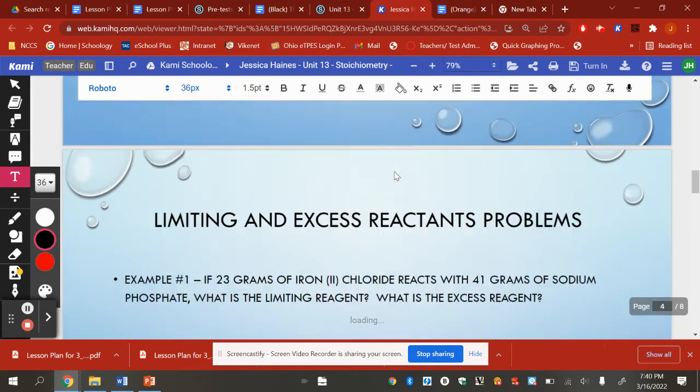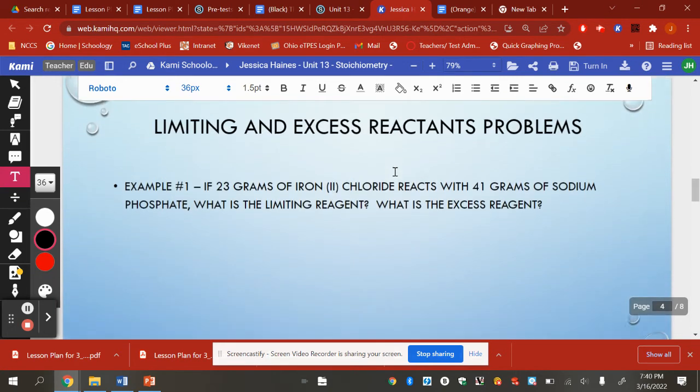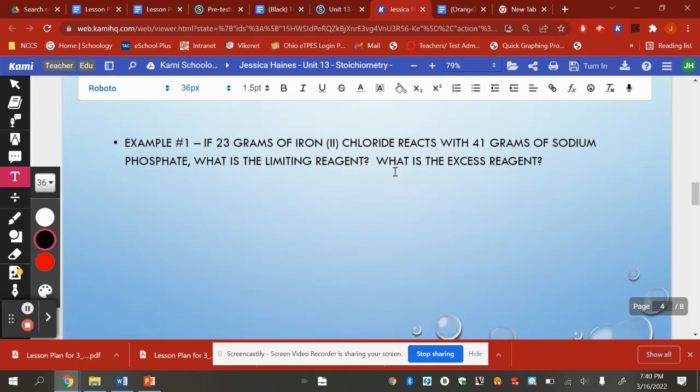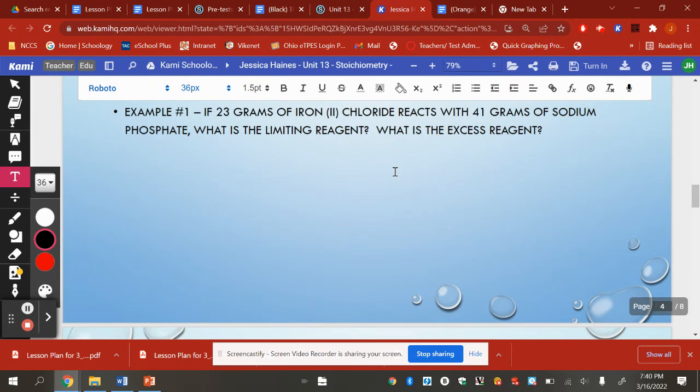Okay, so I'm going to show you what to do. I'm going to show you an example problem, and then I'll have you work through a few other ones. So this is no different than any other stoichiometry problems we've done so far. You are to write and balance a chemical equation first. So please, if you need to pause the video and write and balance the chemical equation in your notes, please do so.